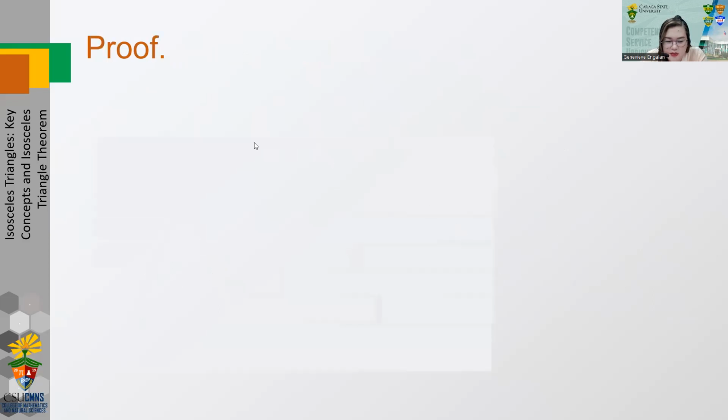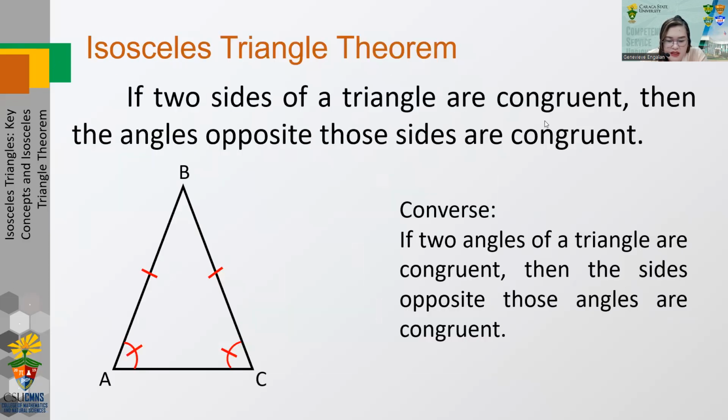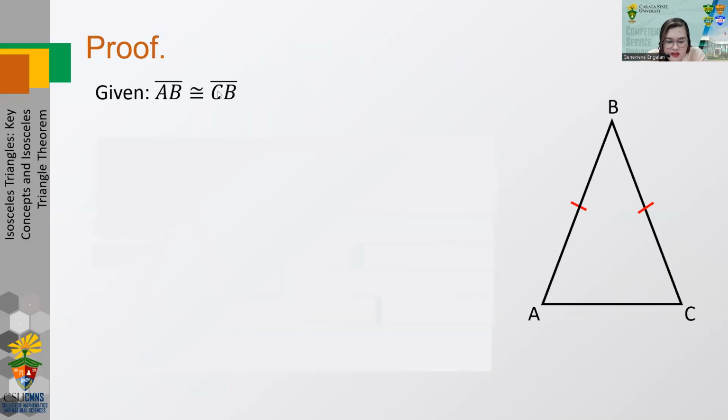Okay, let's prove the isosceles triangle theorem. Okay, so given nga ang atong AB and CB, or the sides AB and CB are congruent, let us prove nga ang angle BAC or si angle A is congruent to angle BCA.